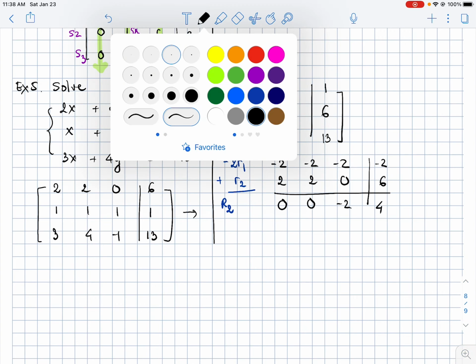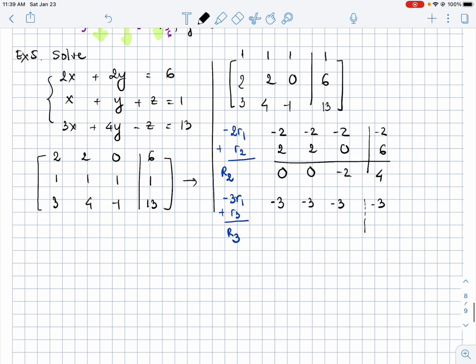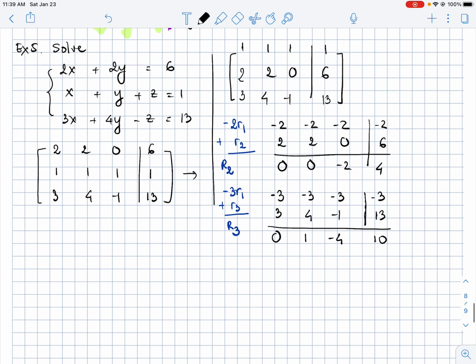So we will multiply row 1 by negative 3, and then add row number 3, and put the answer in row 3. The first row is 1, 1, 1, 1. We multiply by negative 3, so we get negative 3, negative 3, negative 3, negative 3. And the third row is 3, 4, negative 1, 13. So we add them up and get 0, 1, negative 4, and 10.